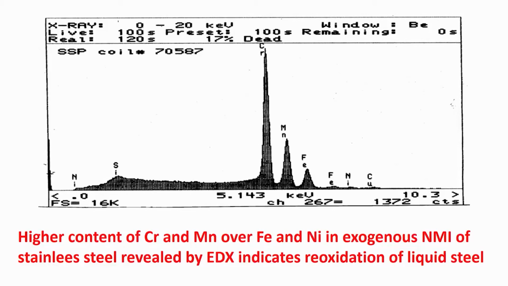It is happening because the exogenous, non-metallic inclusion we have found indicates reoxidation of liquid steel. As I have mentioned earlier, reoxidation means there was some oxygen ingress either in the tundish or in the mold.